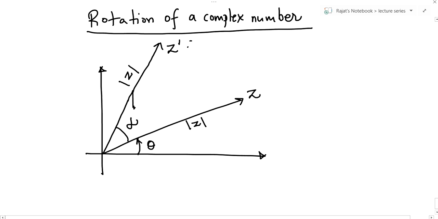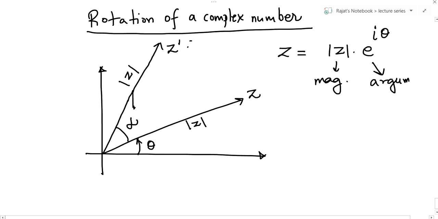Let us use the exponential form now. I can write z as mod z, which is the length, into e to the power i theta. This represents the magnitude of the complex number and this represents the argument. I have already covered this in the previous lecture.